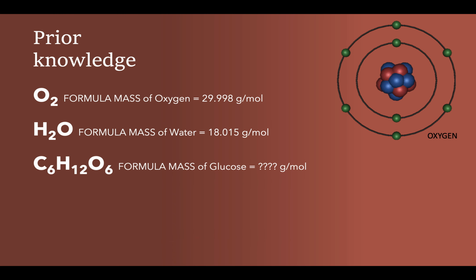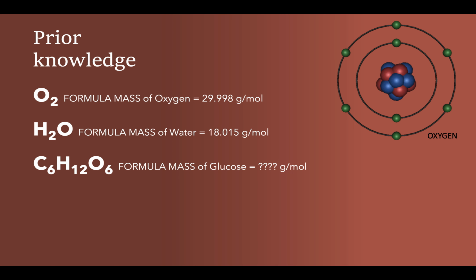So let's try a little more complicated compound. Glucose, a sugar found in plants and animals, has the formula C6H12O6. So by combining the atomic masses of the constituent atoms, what would the formula mass of glucose be? Carbon is 12.011, you've got 6 of them. Hydrogen is 1.008, you've got 12 of them.